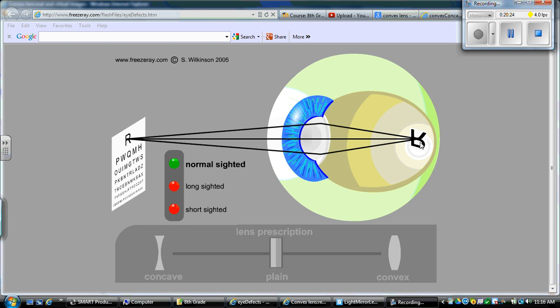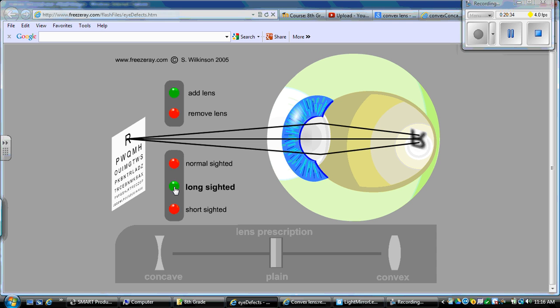Now let's say that some of you have to wear glasses or contacts. It's usually because there's something wrong with your convex lens. If you're long-sighted or far-sighted, if you notice, normal-sighted, those reflecting rays intersect right where the R is supposed to be seen. And then what happens, we don't see things upside down.